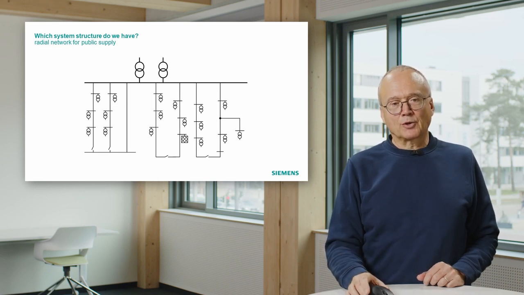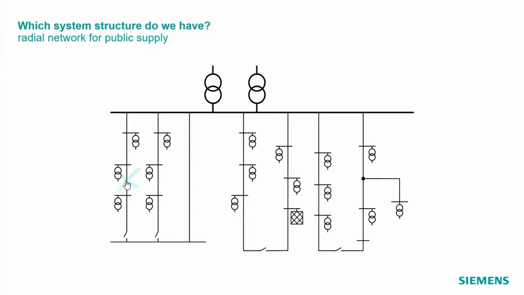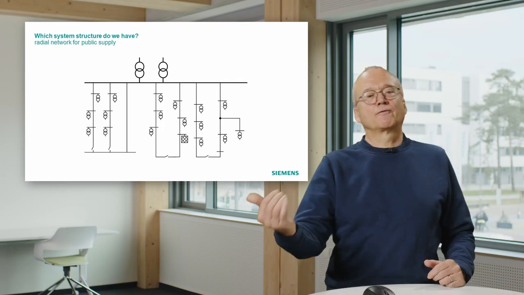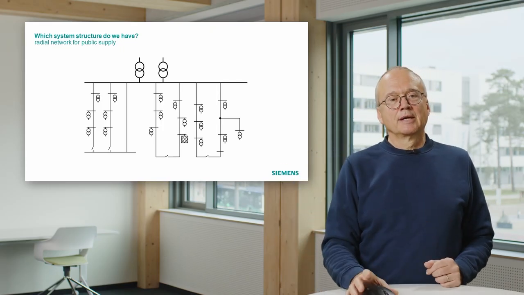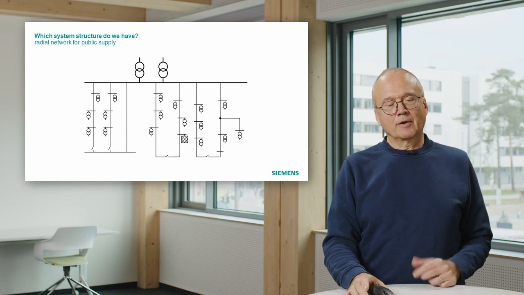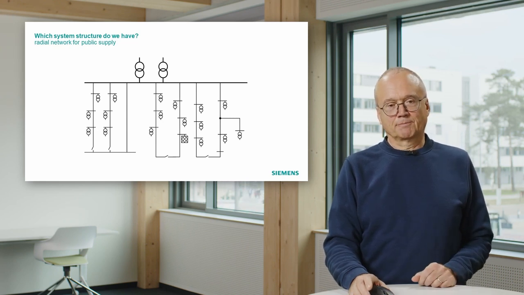And the important thing is, if you have a short circuit on one cable, for instance, on this cable, the short circuit current comes through the transformer, the bus bar, to this cable. It comes from one side, and that is a very important feature when we design the protection system.